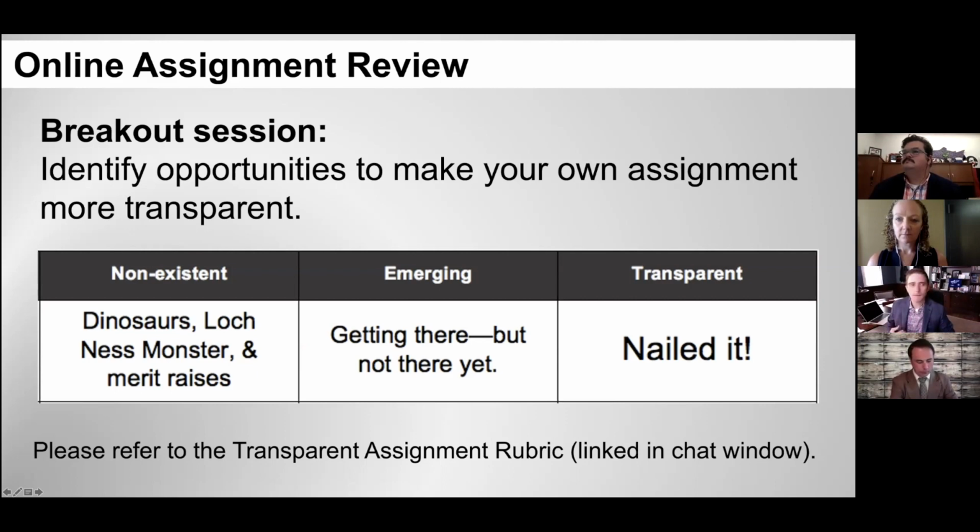And then when you come back, we'll have you share out some of these ways that you can make your assignments more transparent. So she just put the link again. Go ahead and open that link. Just take a minute to look over it, and then we'll send you all to breakout groups.